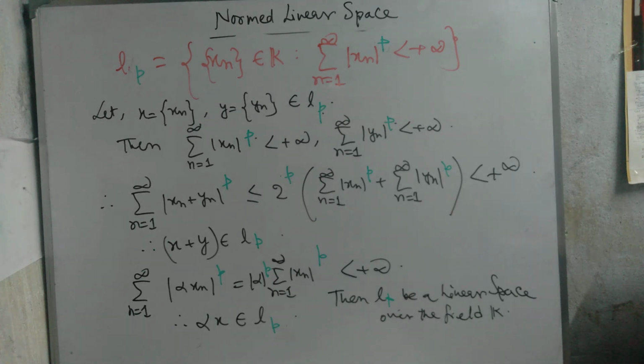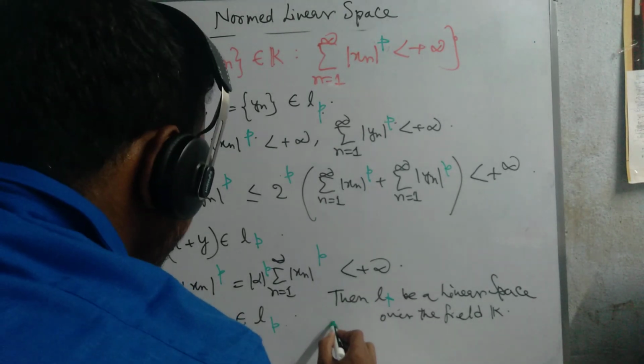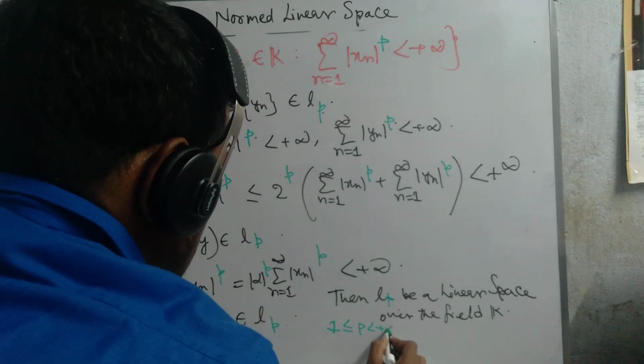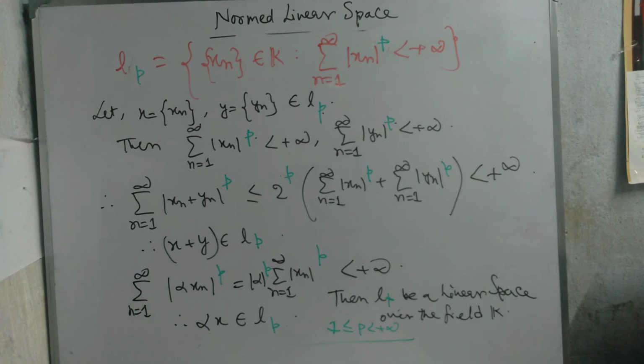In this way we also discuss 1 less than or equal to P less than plus infinity, and infinity also we discuss. So we have discussed that LP is a linear space or vector space.